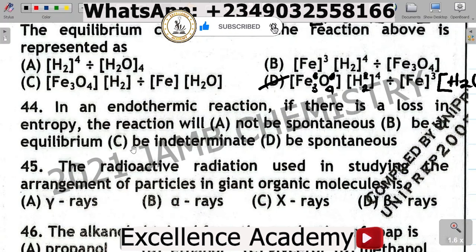Why? Because the increase in temperature that we need for it to be spontaneous is not given. Instead, we have an opposite case where there is a loss in entropy and hence a loss in kinetic energy and hence a loss in temperature, which will result in the reaction not being spontaneous. The correct answer is A. It will not be spontaneous.